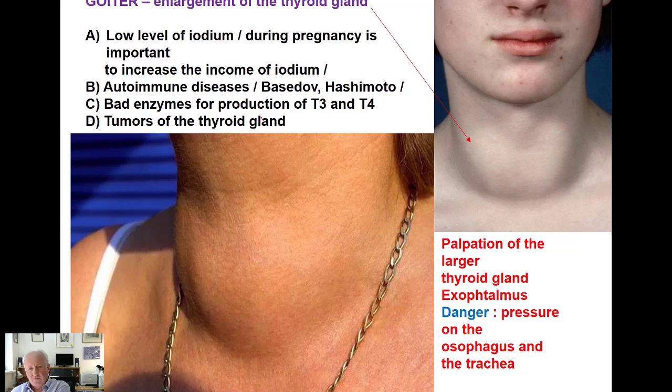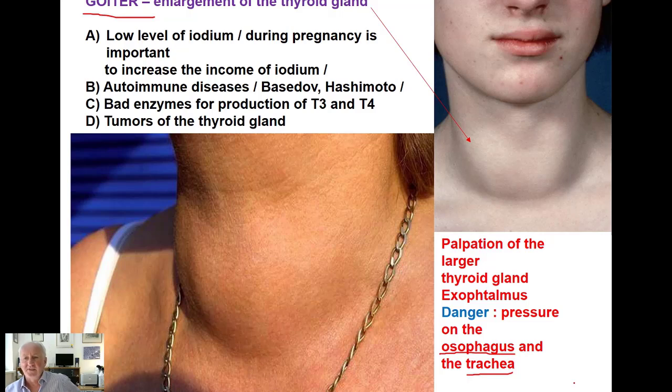A little bit that you know from life, that some patients can have a larger thyroid gland. It's called goiter, enlargement of the thyroid gland. Of course, it's a very unhappy situation, because the pressure of these big lobes can press on the esophagus and on the trachea. So there are problems with swallowing what you eat, and of course there can be problems with breathing as well.